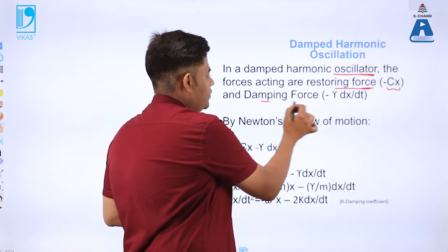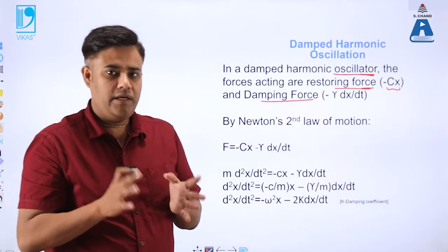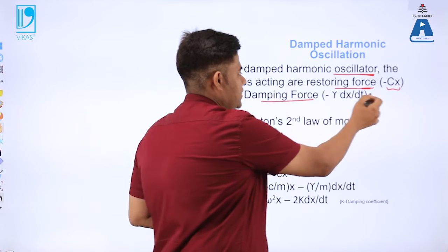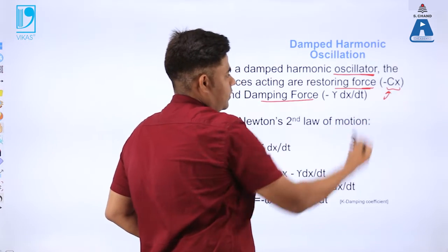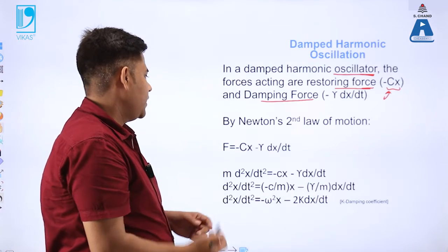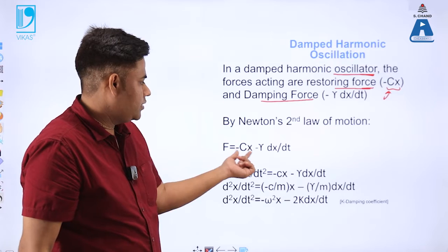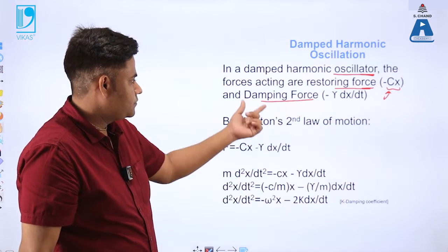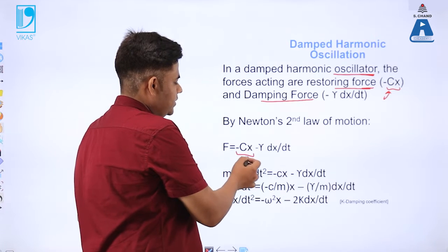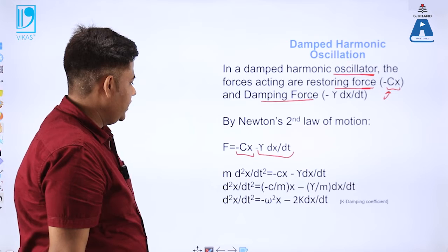One is the damping force, which is responsible for bringing the oscillations to the rest position, and the next is the restoring force, which is minus Cx, or you can say minus Kx. As per Newton's second law, force is equal to the sum of these two components: the first is minus Cx, and the second is minus gamma dx over dt.